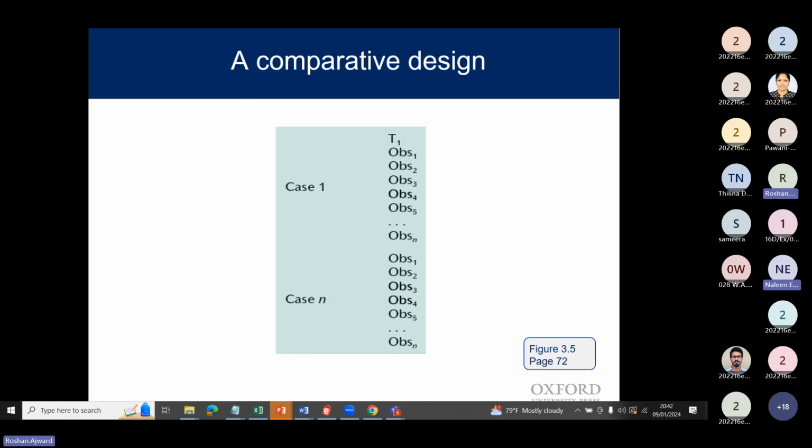So you can see, there are 5 designs. What are the 5 designs? The first design that we discussed was the experimental design. Second one, cross-sectional design. Third one, longitudinal design.